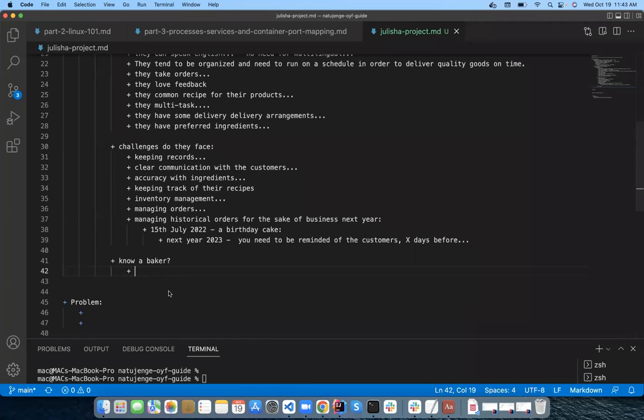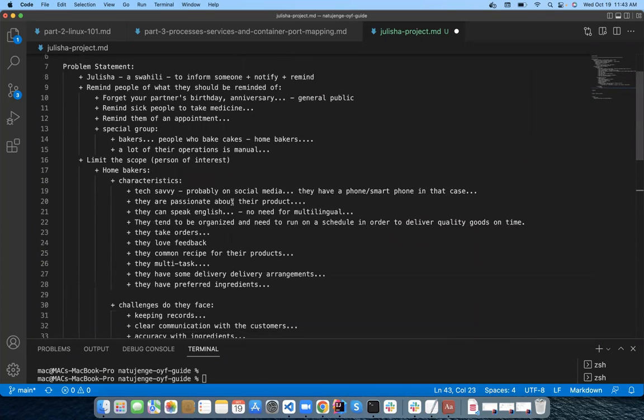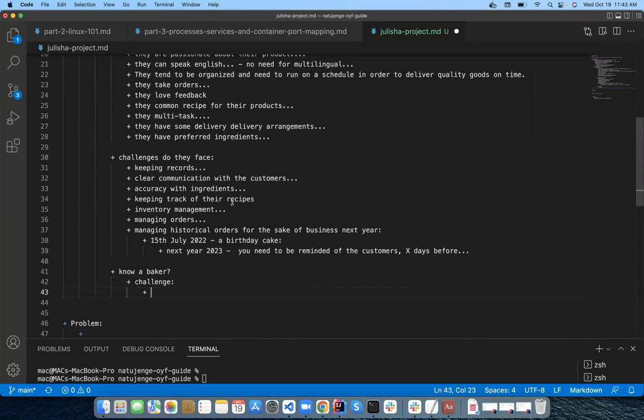We'll give you a challenge, and I will give you the challenge to go and validate our assumptions on their characteristics, their challenges, and you also need to validate. So the challenge is validate our assumptions about their characteristics.